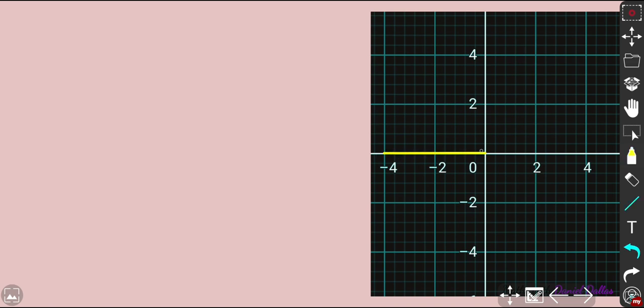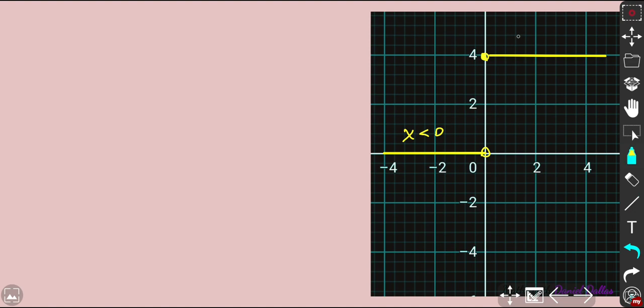Let's say from one hand side it goes in this way, for x less than 0, and for values more than or equal to 0, this point is excluded, the hole point, it's going to be a straight line that goes in this way.